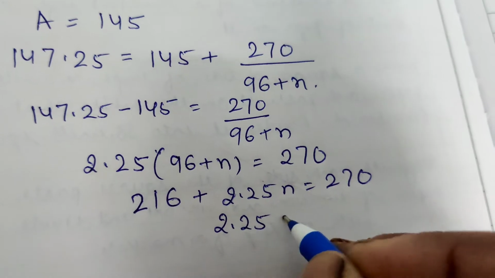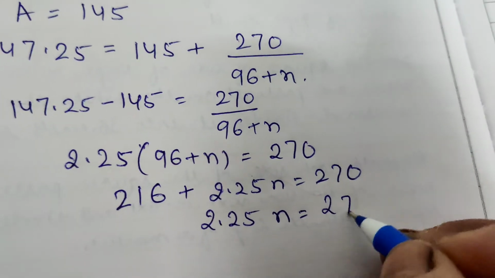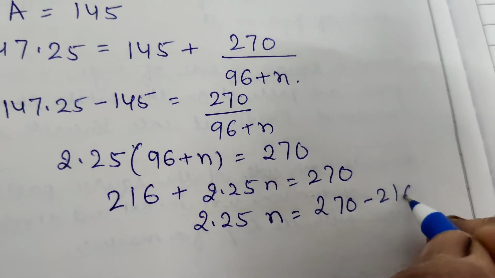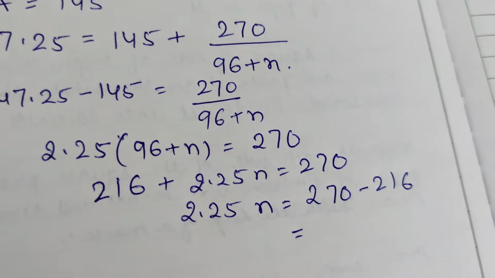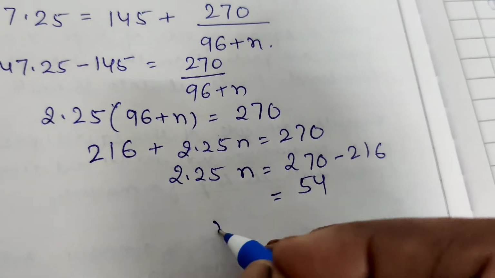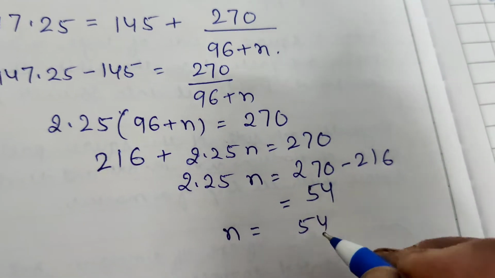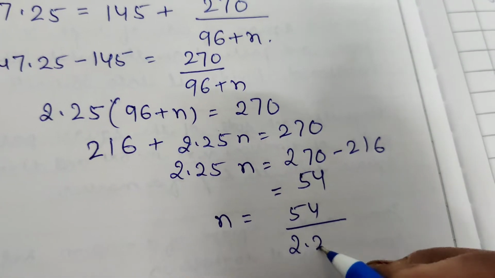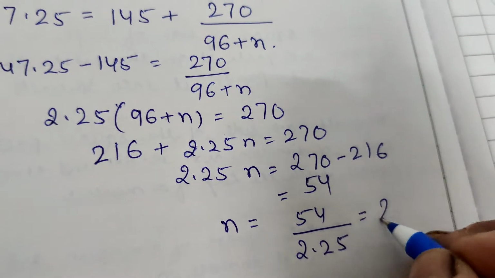2.25 n equal to 270 minus 216, we get 54. n equal to 54 by 2.25, we get 24.